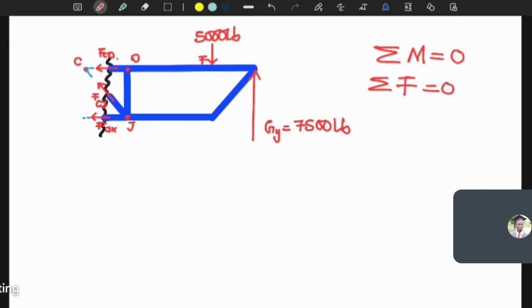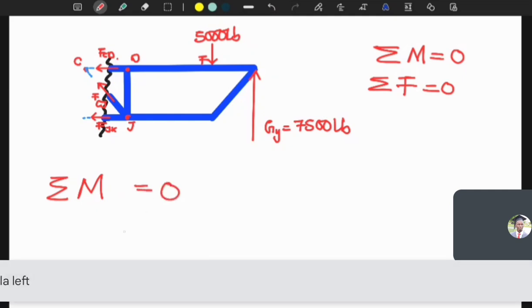Now, it's easier to actually start with sum of moments because they avoid you having to start dealing with forces which are at an angle from the start. So here, we're going to start with sum of moments. But we want to be smart about our choices here.